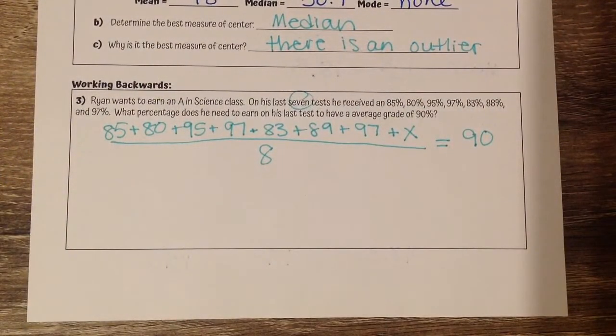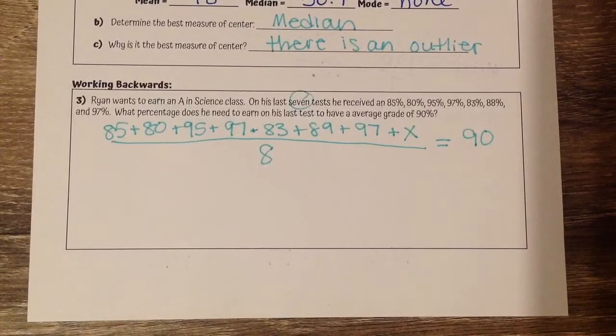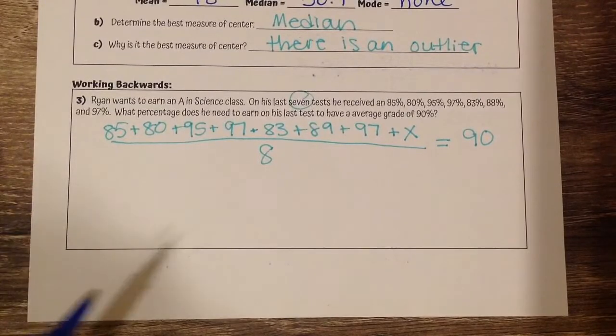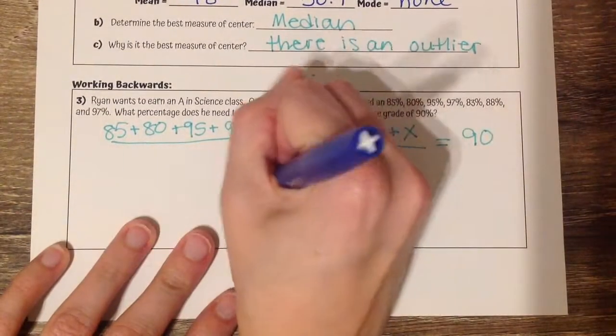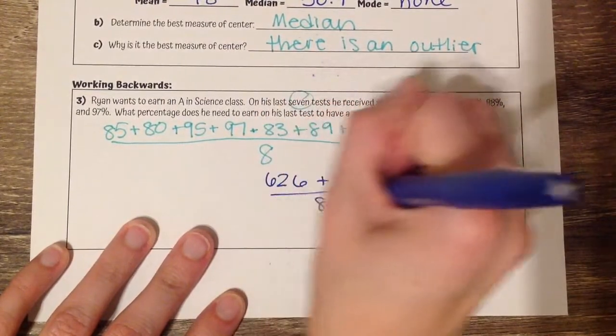So now we can work backwards on this problem. First, I'm going to simplify to make it easier to work with. So I'm going to add these together. 85 plus 80 plus 95 plus 97 plus 83 plus 89 plus 97. So I get 626 plus our unknown test value divided by 8 tests.